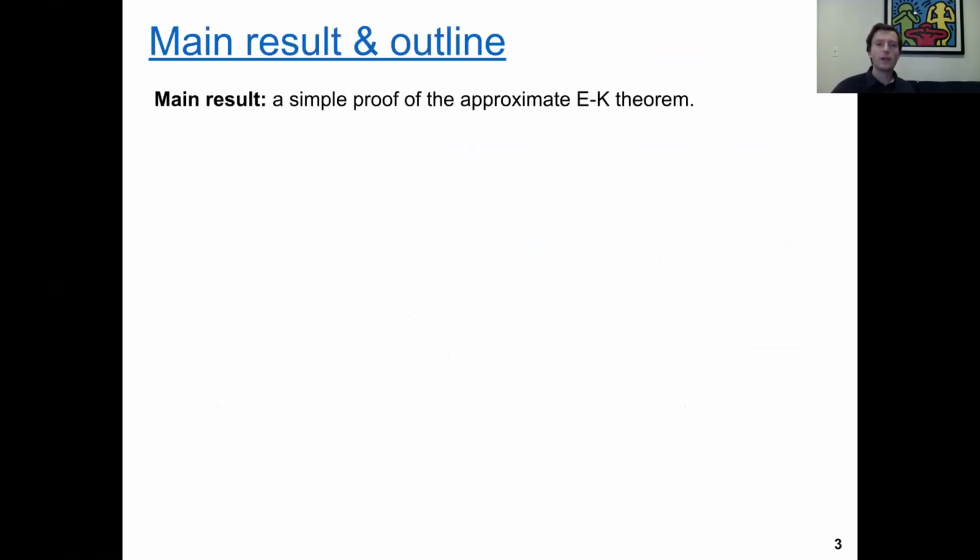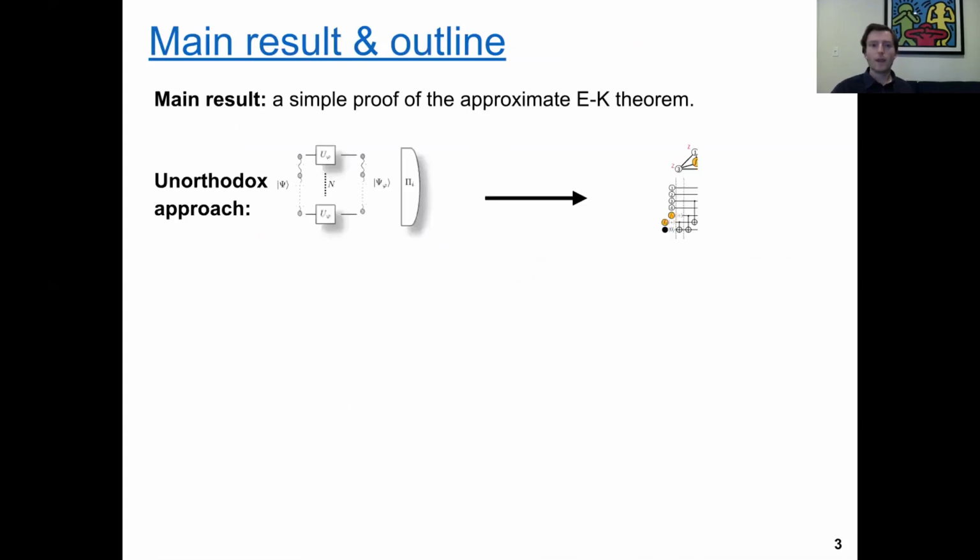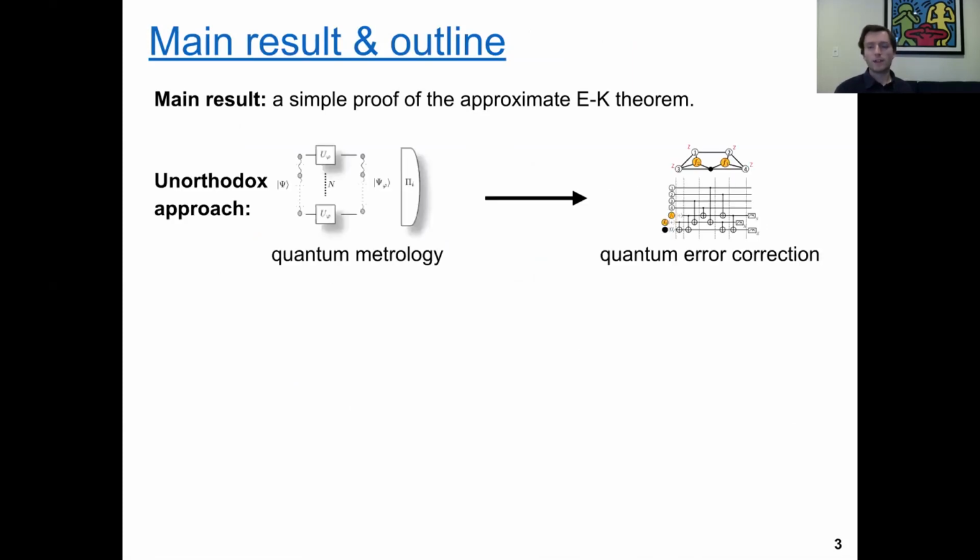So the main result of our work is a simple proof of the approximate version of the Eastin-Knill theorem. And in our work, we followed a slightly unorthodox approach. Namely, we use methods from quantum metrology to find limitations on quantum error correction.